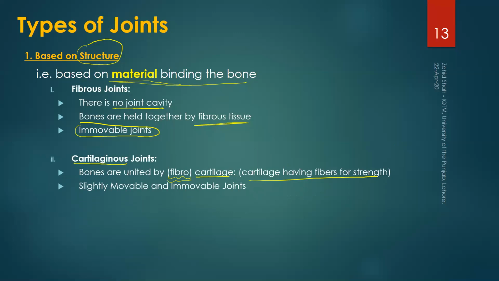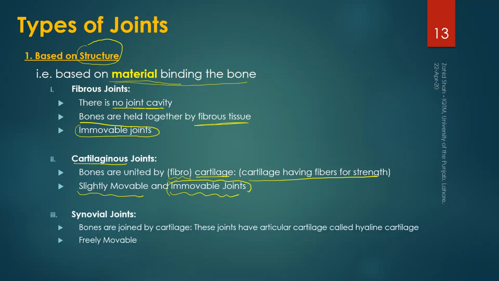These cartilaginous joints, with respect to movement, can be slightly movable or immovable. So we can say that immovable joints could be fibrous joints, or immovable joints could also be cartilaginous joints. But some of these cartilaginous joints have some movement possible.